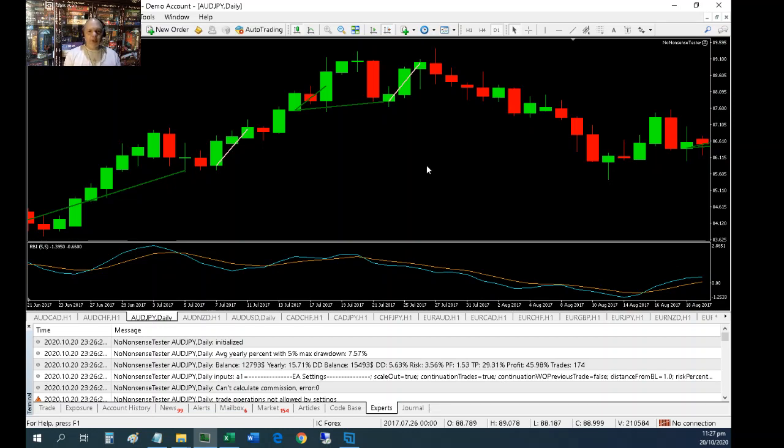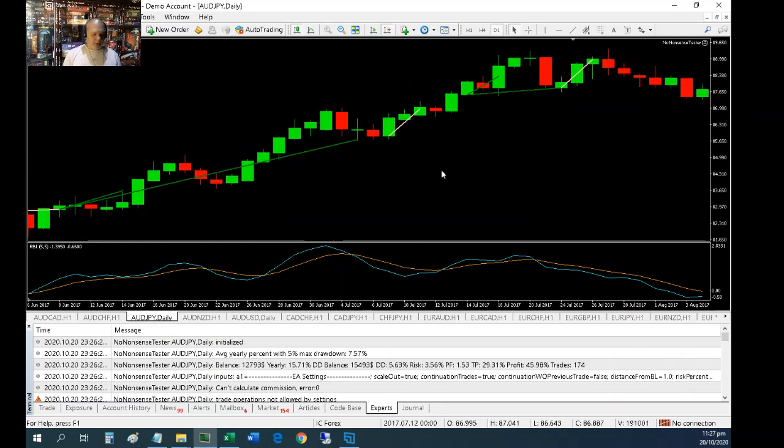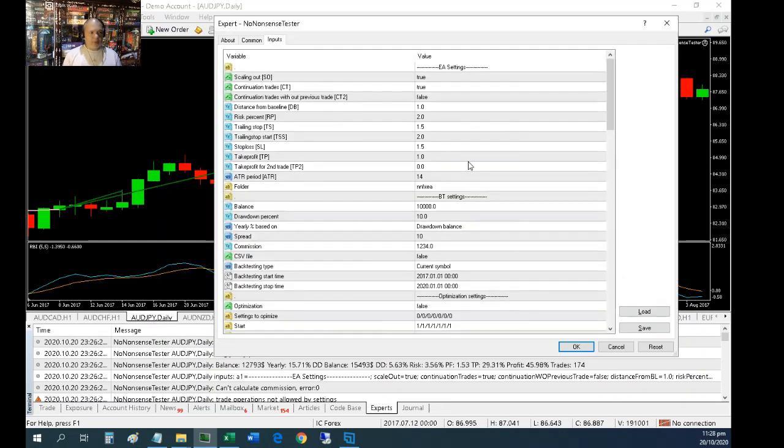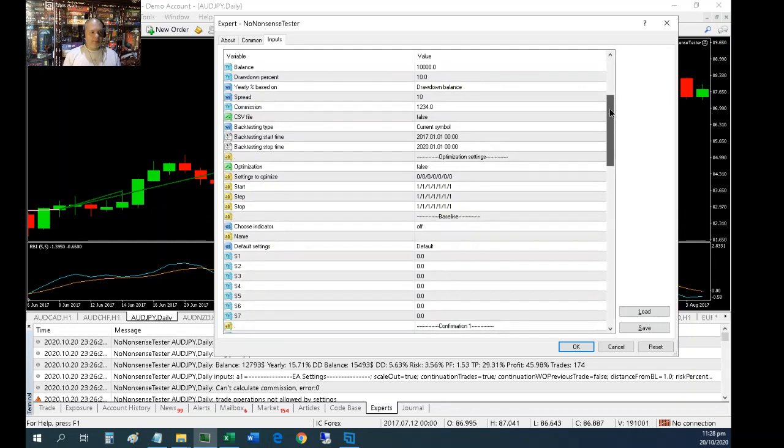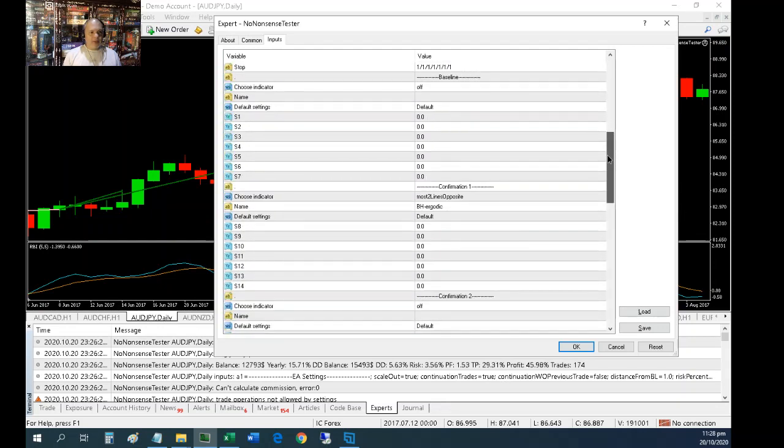Now what if you would want to put them all together? So it's very simple. Again, you go back to the tester. Okay. Since I already have the ergodic entered, I'll put in a baseline, which was the one we tested earlier, which was the hull moving average.